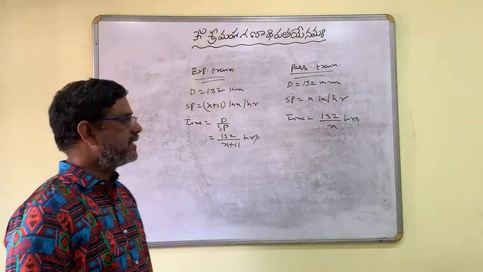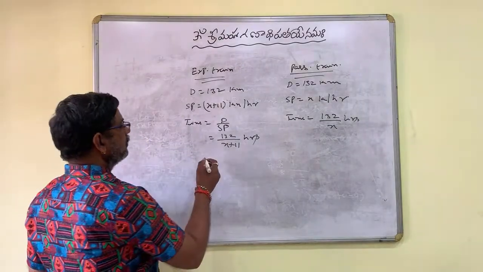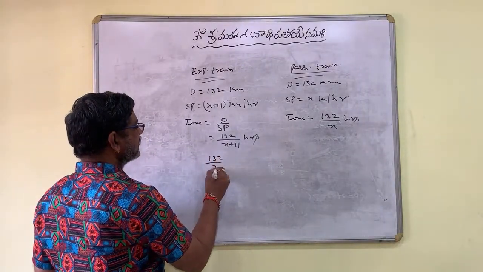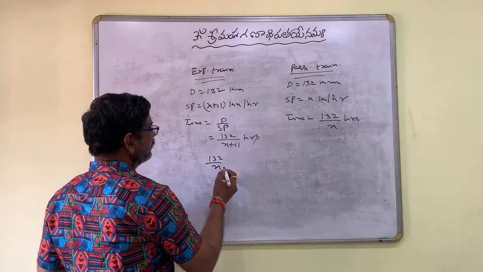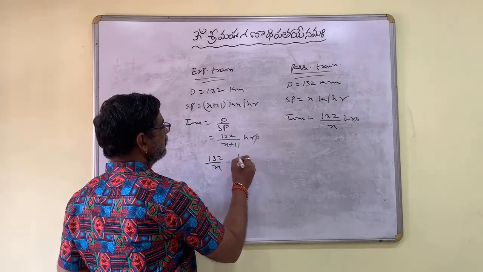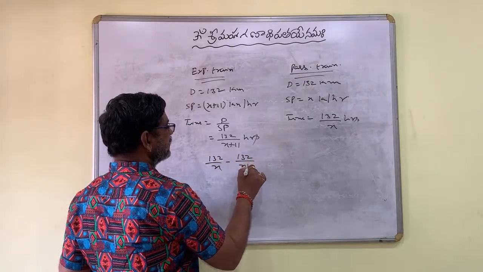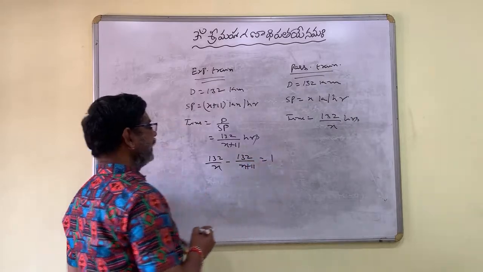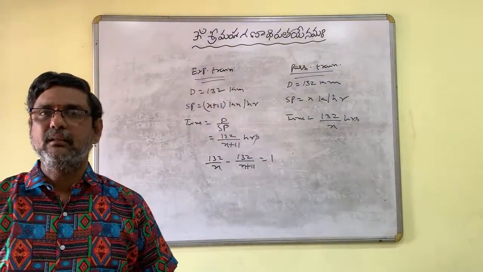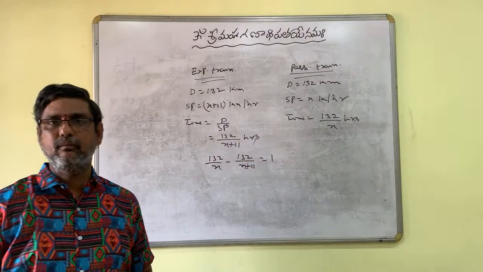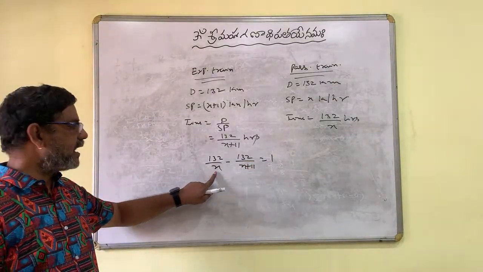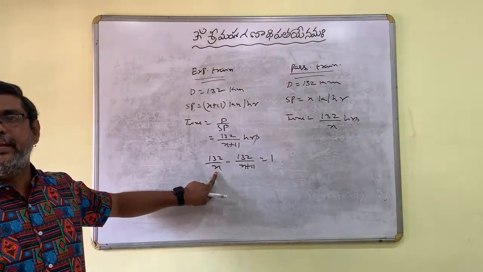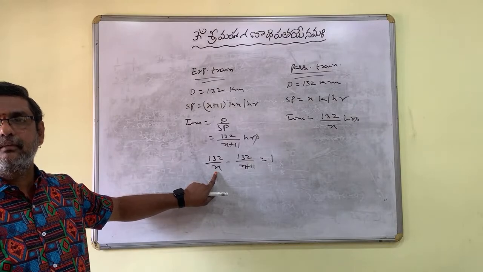So the difference is 1 hour, right? So 132 by x minus 132 by x plus 11 is equal to 1. It means the difference of times. Passenger train will take more time, right? So we need to write that one first.